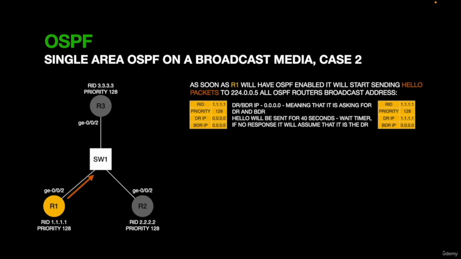As soon as R1 has OSPF enabled, it will start sending hello packets to the OSPF router broadcast address, with the DR and BDR IP of all zeros, meaning that it is asking for a designated router and backup designated router. The hello messages will be sent for 40 seconds, which is the wait timer, and if there is no response, it will assume that it is the designated router.